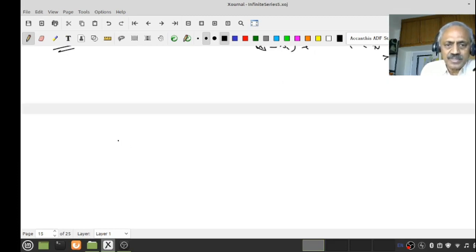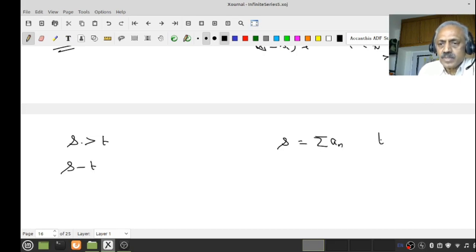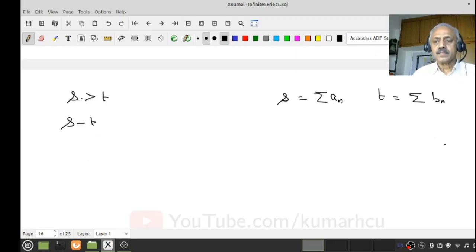It's a very beautiful thing. So what do I want to prove? I want to prove S is strictly less than t. Let's look at S minus t. Now what is S? S is the sum of this infinite series. What is t? The sum of the other infinite series. And remember, these are all convergent series. Therefore, what do I know?